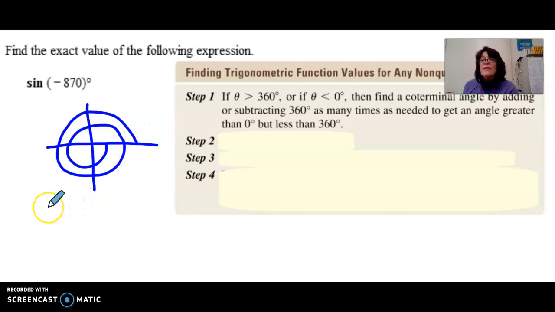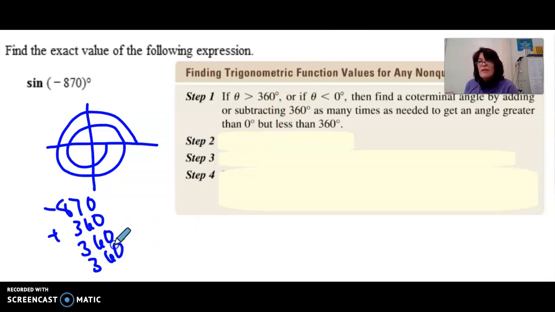So what I'd like to do is take my negative 870 and just keep adding 360 until I get somewhere between 0 and 360. So on my calculator, I just did negative 870 plus 360 plus 360. Okay, and that got me to 210. So I kept adding until I got to a number between 0 and 360.